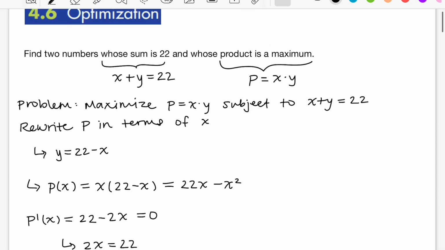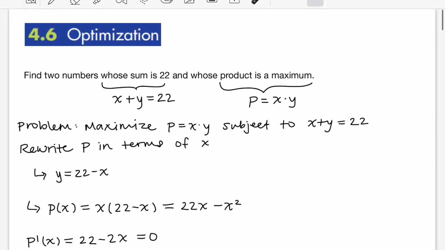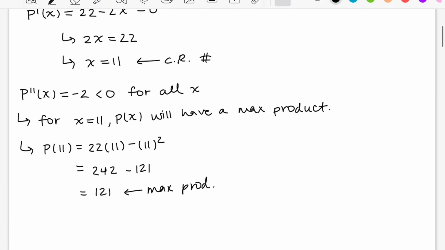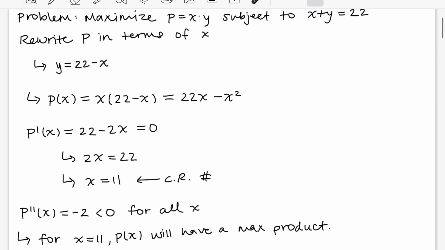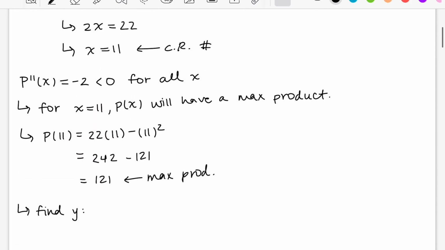Going back to the question, we want to find two numbers whose sum is 22 and whose product is a maximum. We only found one number so far, so we need to find y. We can do so just by plugging this x value into y here. We get that y is 22 minus 11, which is just 11.